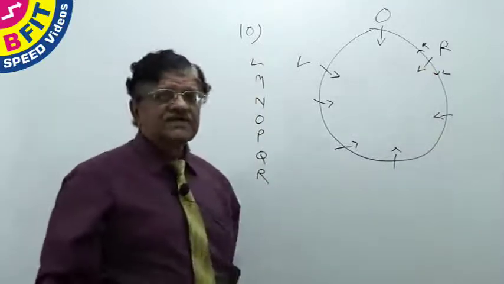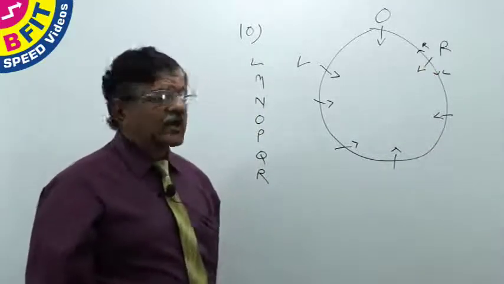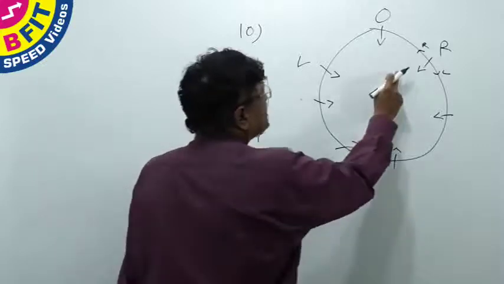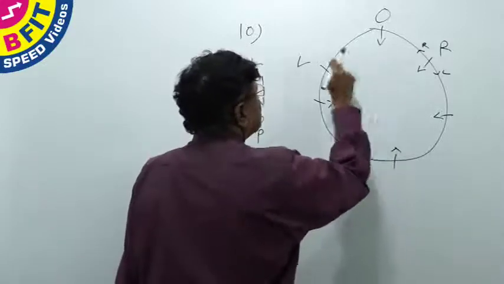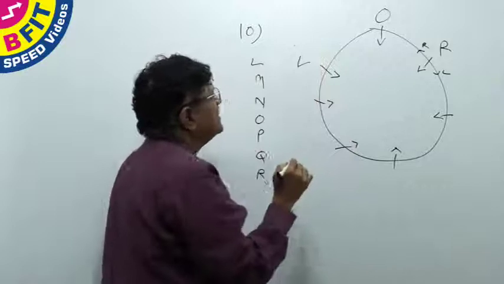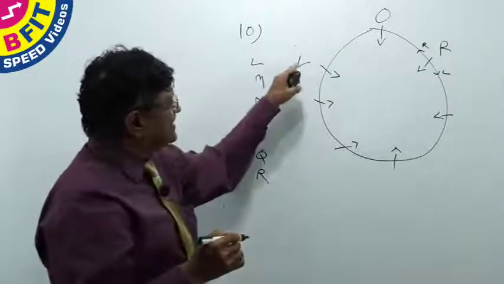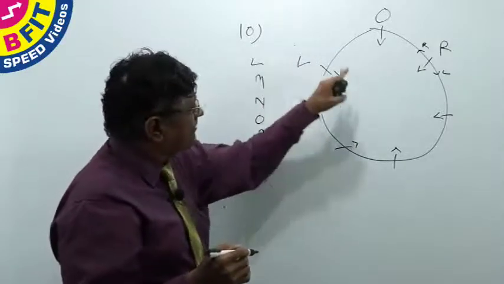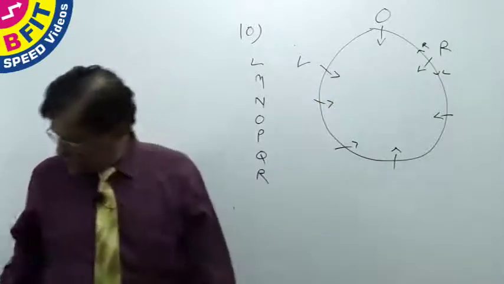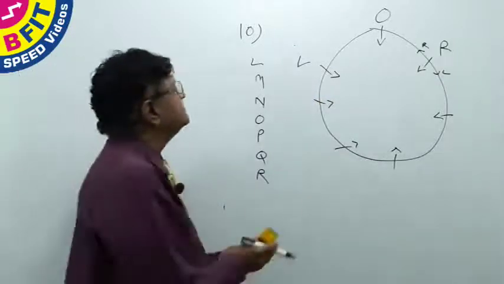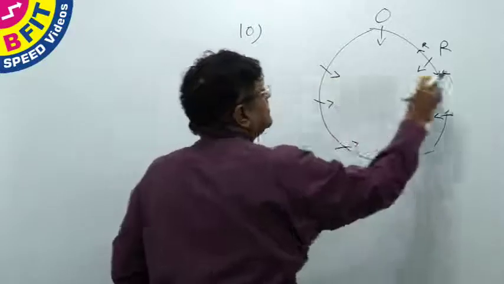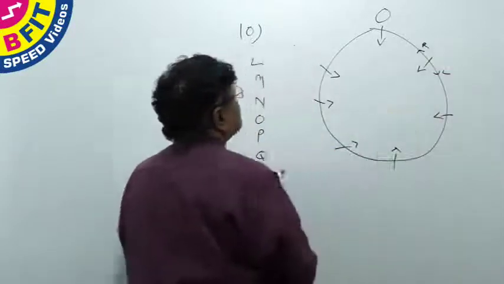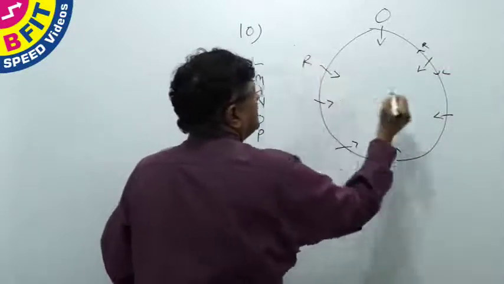So Q is sitting second to the right of R. So this must be Q's position. Since L is already there, our drawing of L and R is not correct. So we have to change it. This is R and this is L.